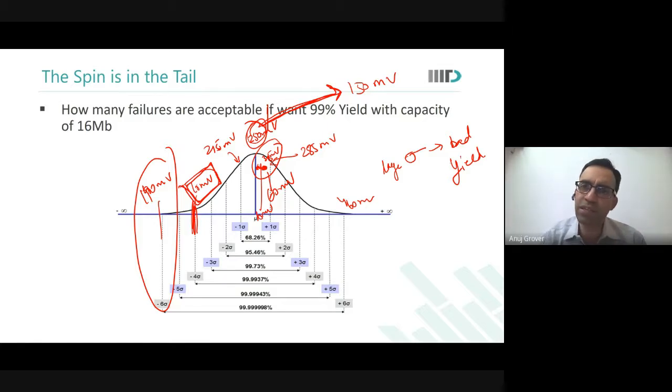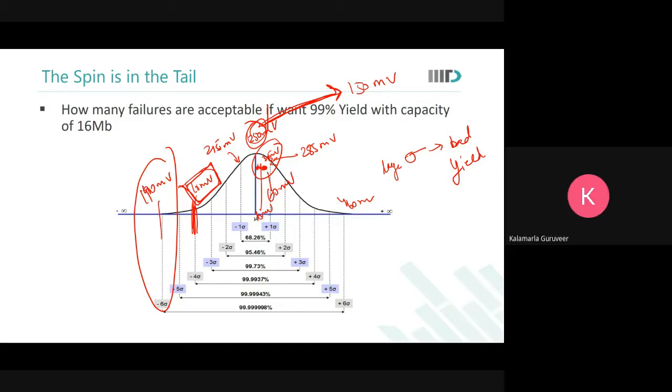So even though I have very well controlled processes, something can change. For this entire lot, I just exposed it to a phosphine gas for 1 extra second. It can happen. Only 1 extra second. So the entire cohort, the entire lot changes. Mean can change.